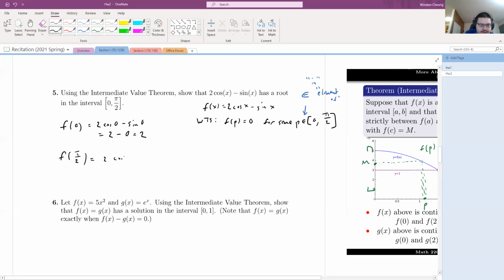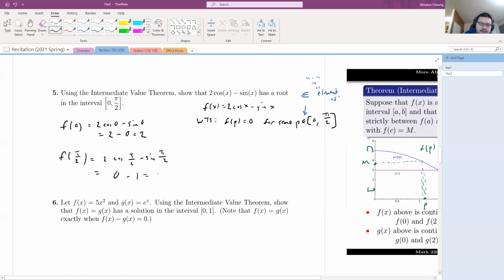Now 2 times cosine of pi over 2 minus sine of pi over 2. So that's if we just plug in. And what do we get in this case? Cosine of pi over 2 is going to be 0. Minus sine of pi over 2 is going to be 1.